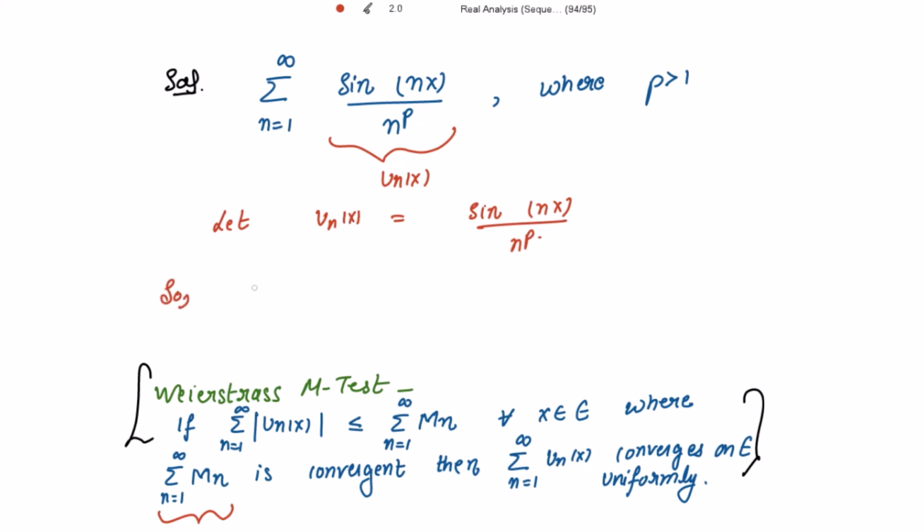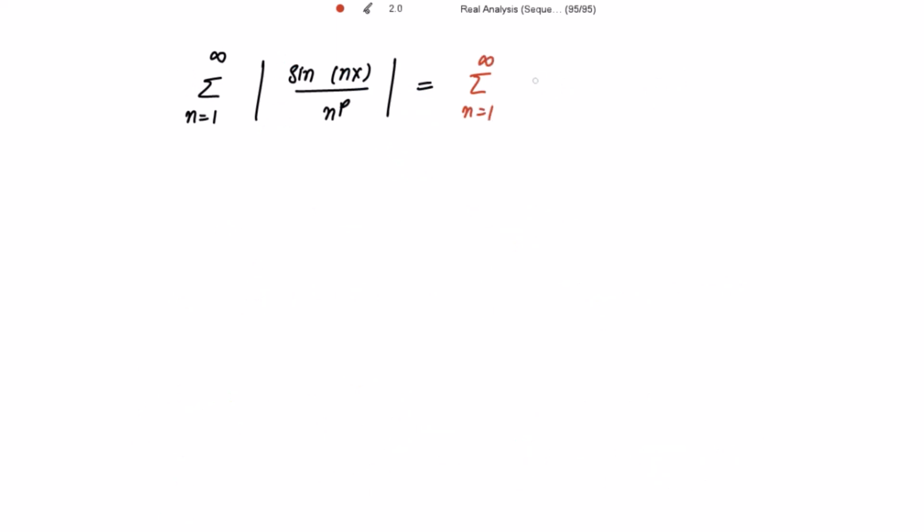Considering summation n going from 1 to infinity of mod of u_n(x), that is equal to summation n going from 1 to infinity of mod of sine of nx divided by n to the power p. Is it okay? Yes.